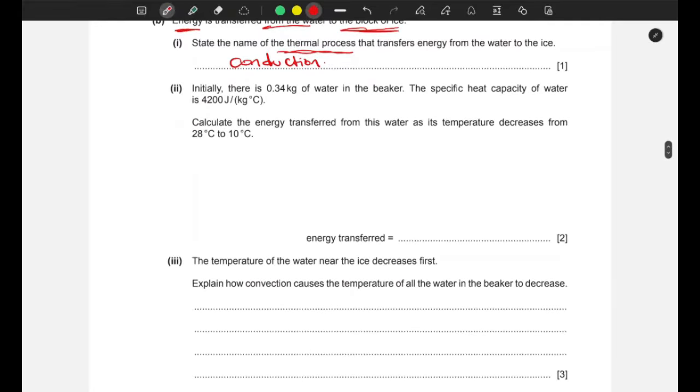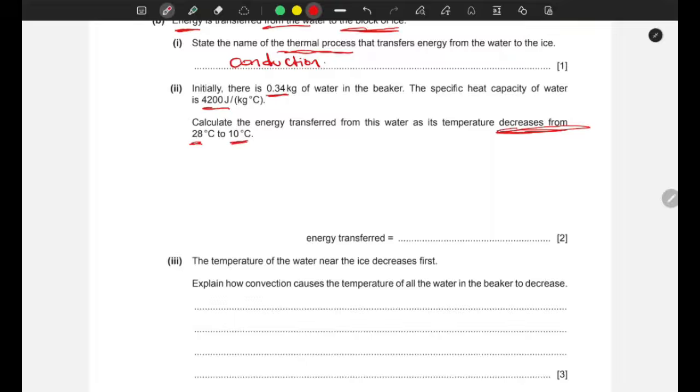Part 2. Initially, there is 0.34 kilograms of water in the beaker, and the specific heat capacity of water is 4,200. Calculate the energy transferred from this water as its temperature decreases from 28 to 10.